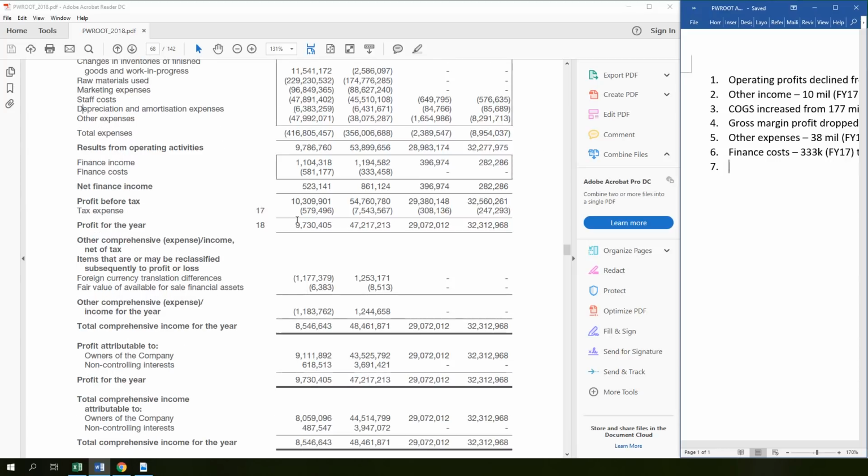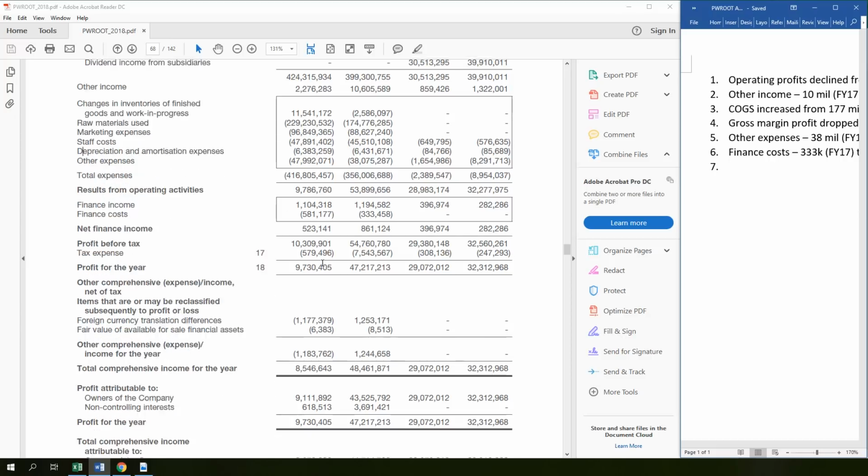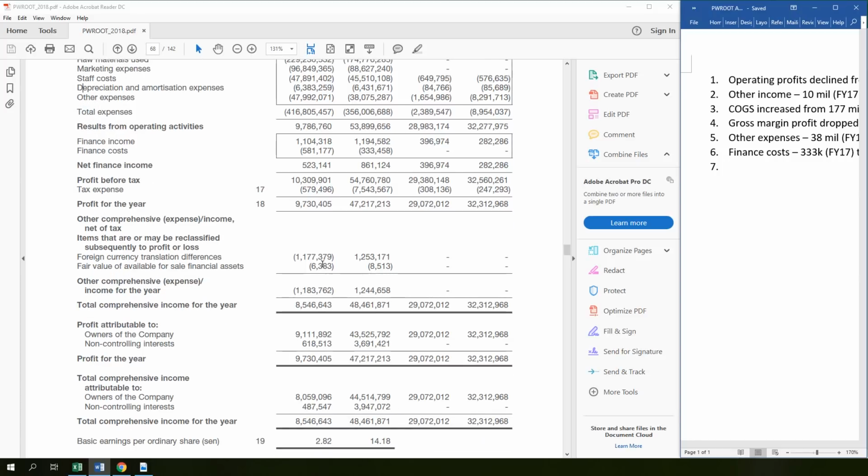Yeah, of course the net income definitely dropped from 47 million to 9.7 million because of cost of goods sold, higher expenses, all these things. We have to look into the reasons later. Let's move on. Okay, there is one, I think it's a small red flag here. 1.1 million of forex translation differences, which may reclassify into P&L.